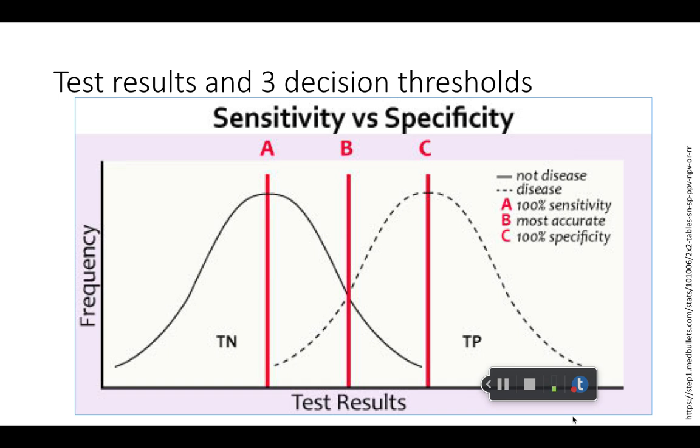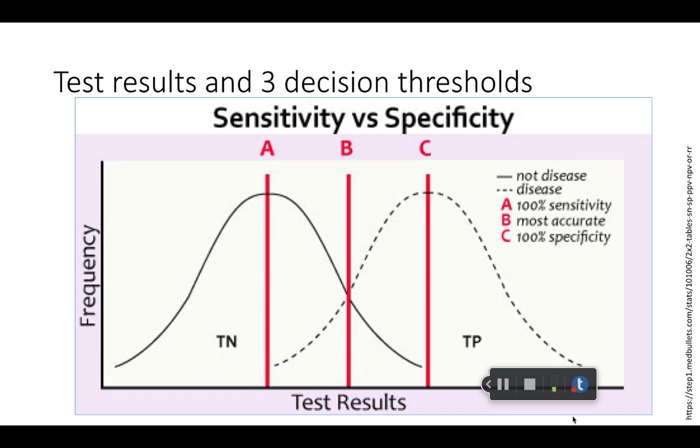In fact, half of the negative cases would be identified as positive. Now jumping to the right, test C is completely specific because it rules out all of the negative cases. So that's 100% specificity. But it also has many false negative results. So many of the true positive cases are ruled negative under test C.